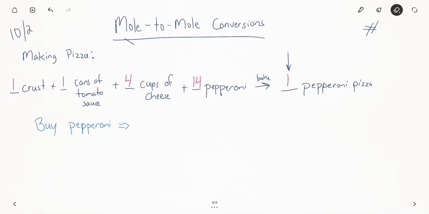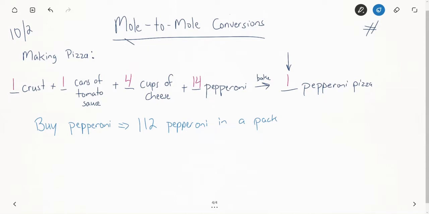I look for the biggest pack available, and it comes in packs of 112 pepperoni. I want to make as many pizzas as I can with all the pepperoni I have. This is going to be my dictating piece because the crust, tomato sauce and cheese are relatively inexpensive, but the pepperoni is the meat portion, so I'll use it to dictate my theoretical maximum number of pizzas.